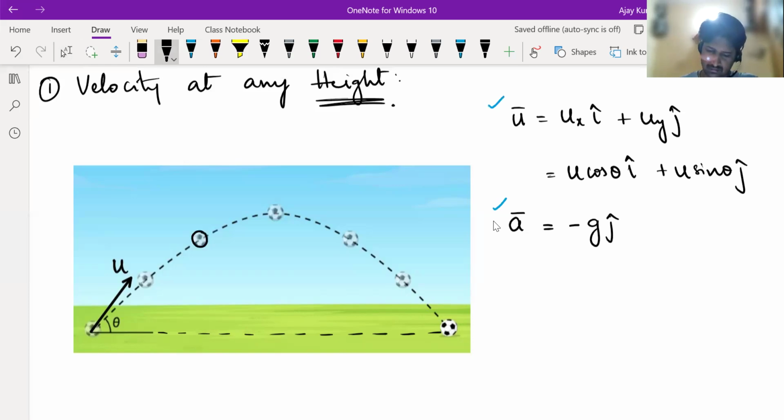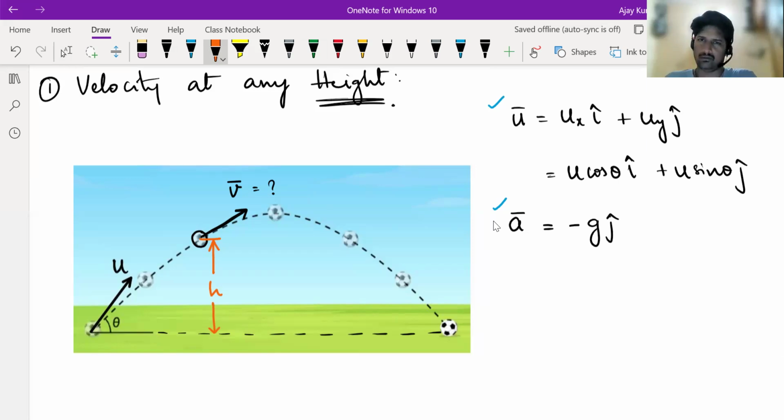When the ball reaches here, it will have some velocity in this direction. It will be moving this way. This is what we need to calculate, and the height will be given to you. At what height you are required to calculate the velocity, let's assume that is known.